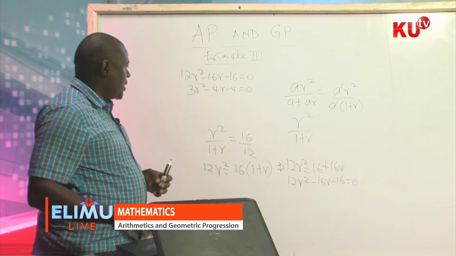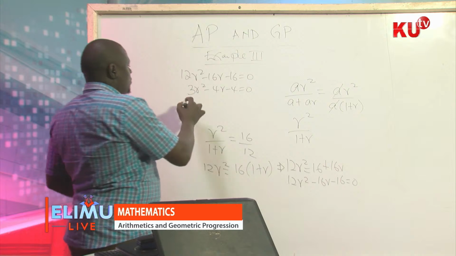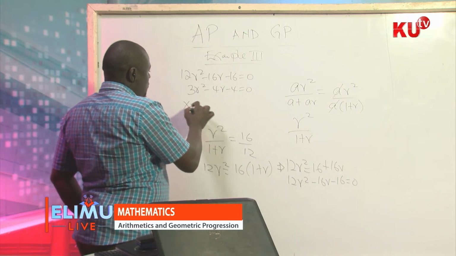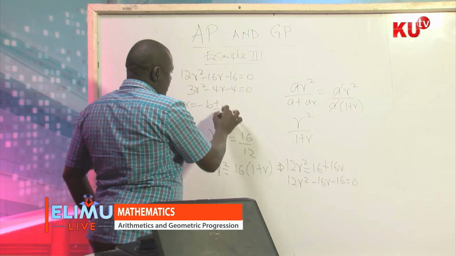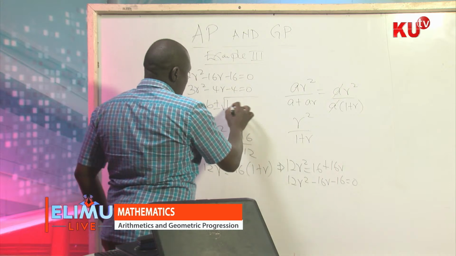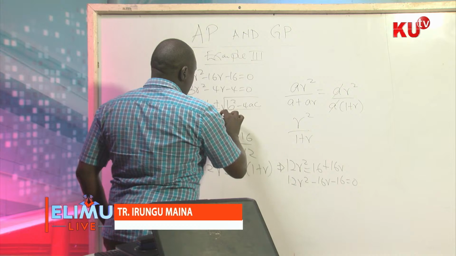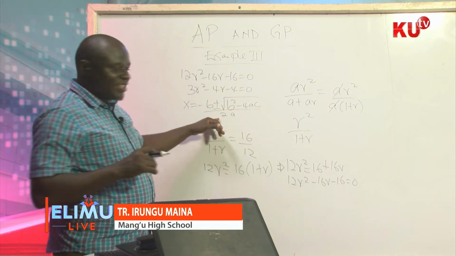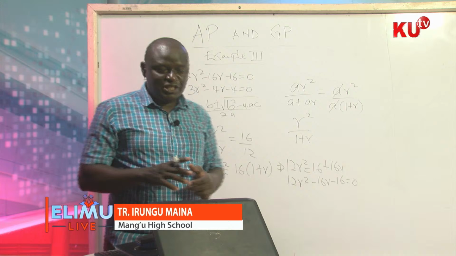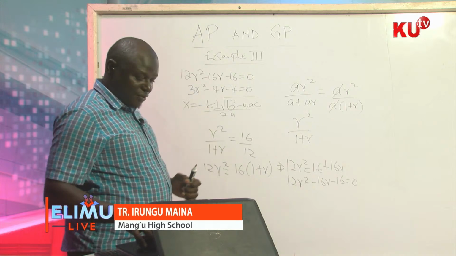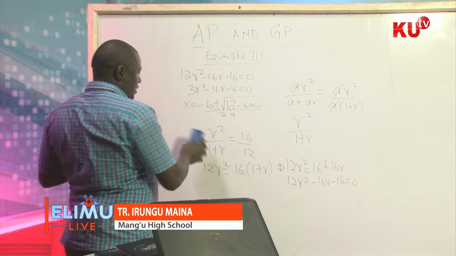I am going to apply the formula: x equals minus b plus or minus square root of b squared minus 4ac, all divided by 2a. Don't ask me where I got this. It is from the mathematical tables, which are well provided for in our case.